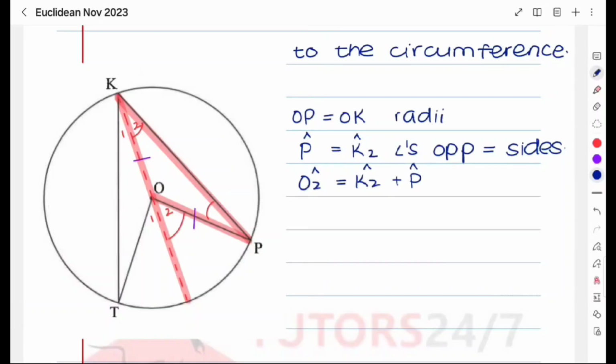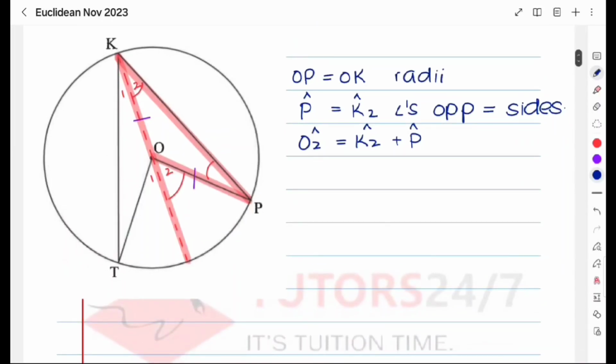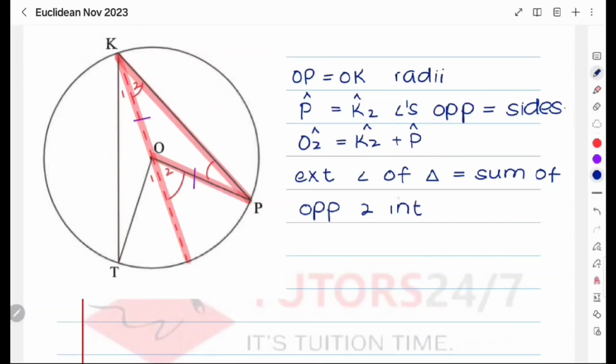So please take note that the reason this is true is because the exterior angle of the triangle is equal to the opposite interior angle of that triangle. So our reason is exterior angle of triangle equals sum of opposite two interior angles.